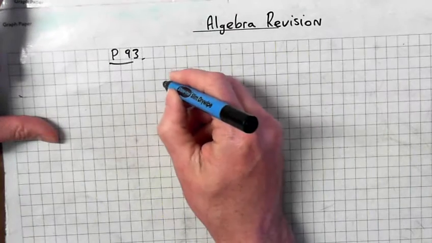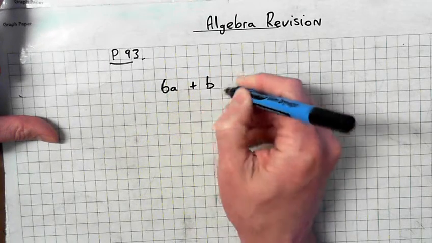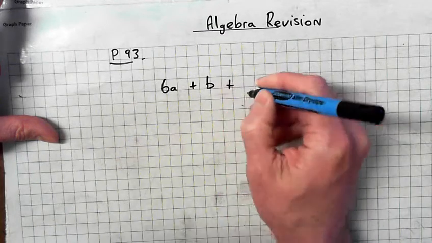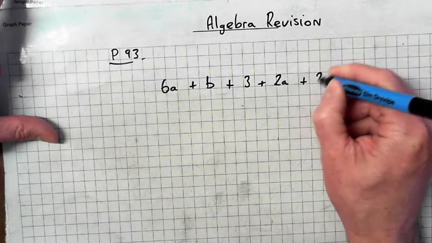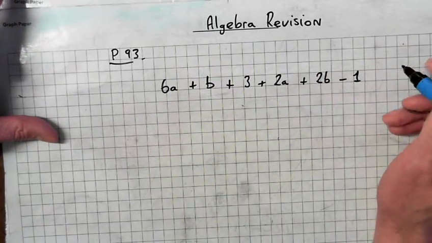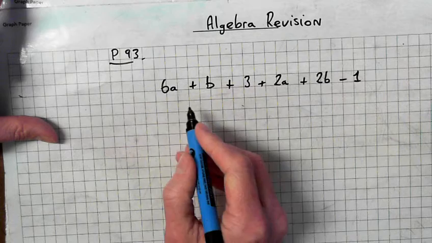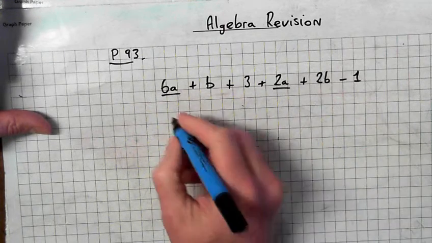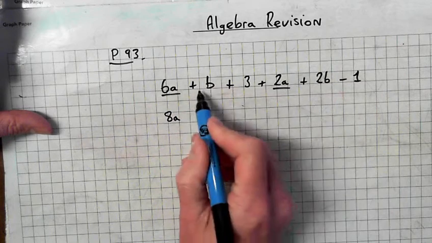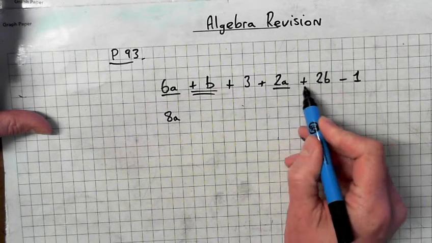Right, we'll have a look at question 5. 6A plus B plus 3 plus 2A plus 2B minus 1. So the best thing to do here first is to underline all the A's. So add the A's first. 8A. Now we'll put 2 lines underneath the B's.